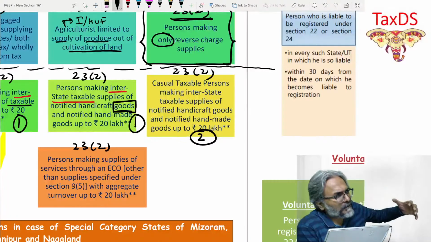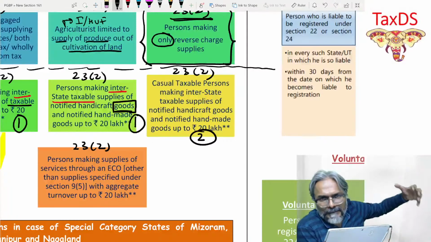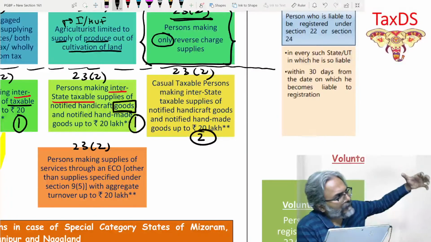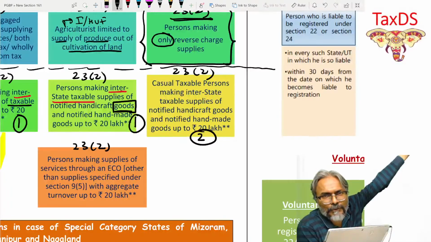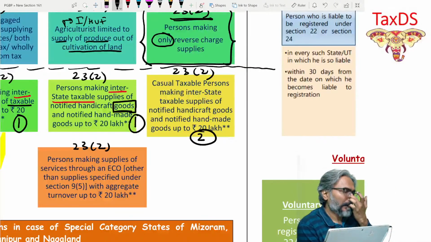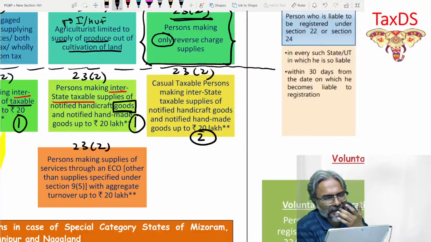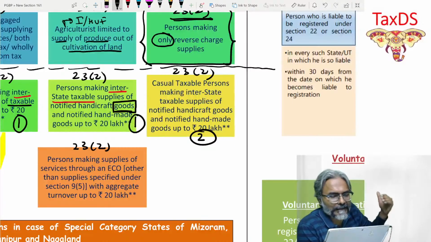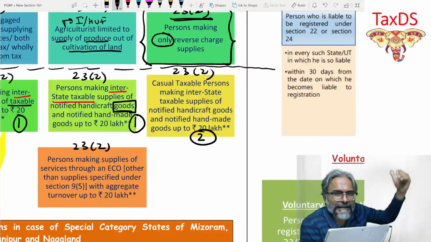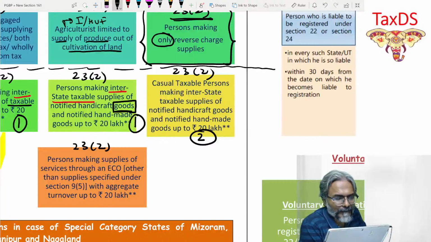For that exhibition, I am a supplier of handicraft items, and therefore I have to go there in Noida. In that exhibition, I have done some supplies also. So this would be a casual taxable person making an interstate supply in this context.